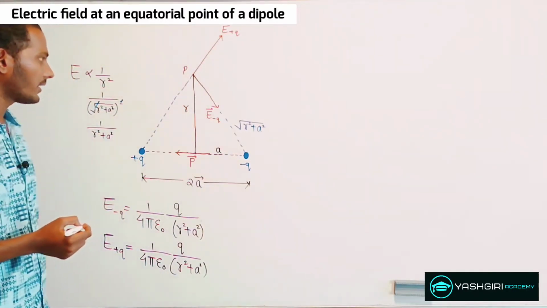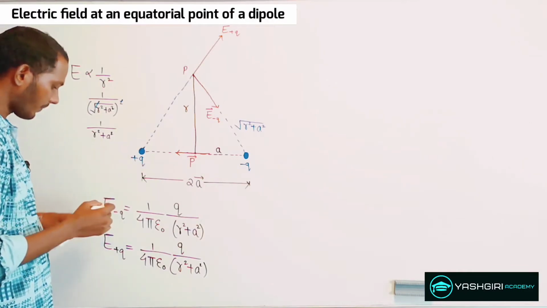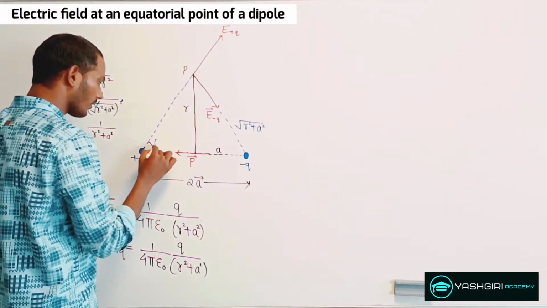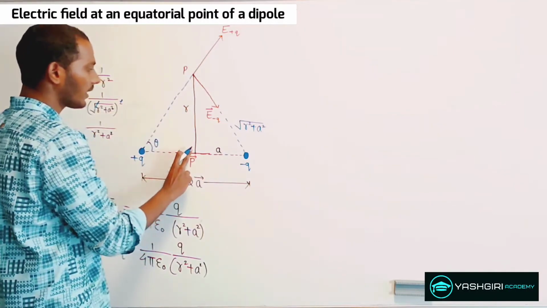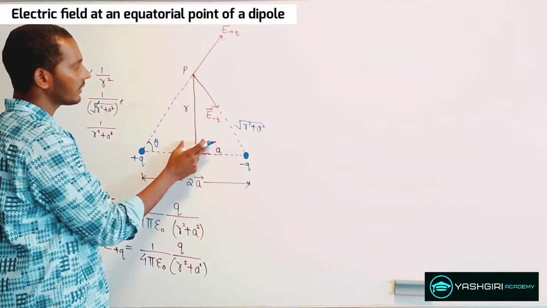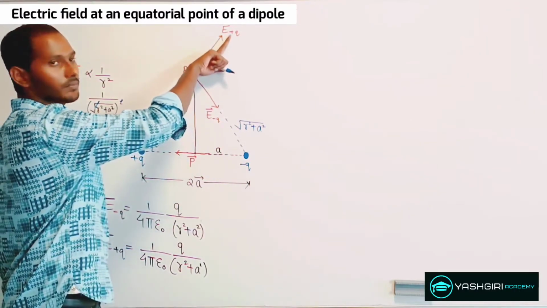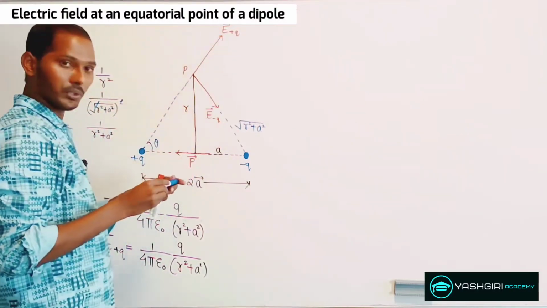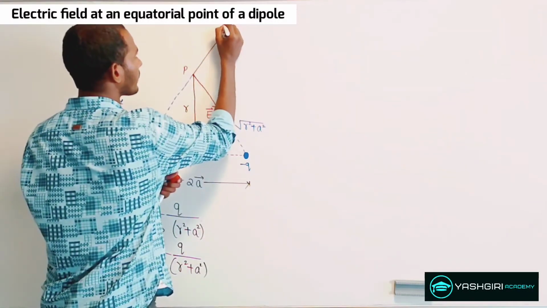Now here, if you look at the symmetry, let me call the angle over here theta. Yes, so here, if this is a right angle triangle, then in that case the angle between this vector E plus Q and the vector E, electric field due to the negative charge, the angle between them will be 120 degrees, right?